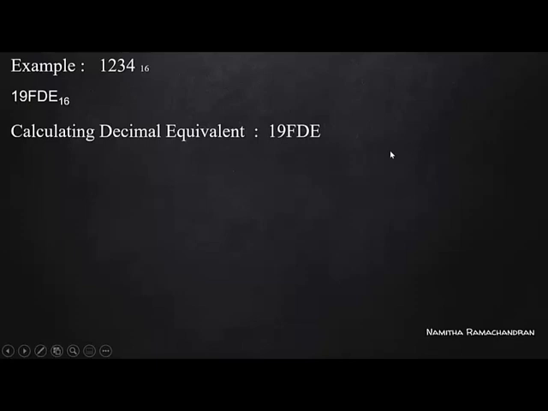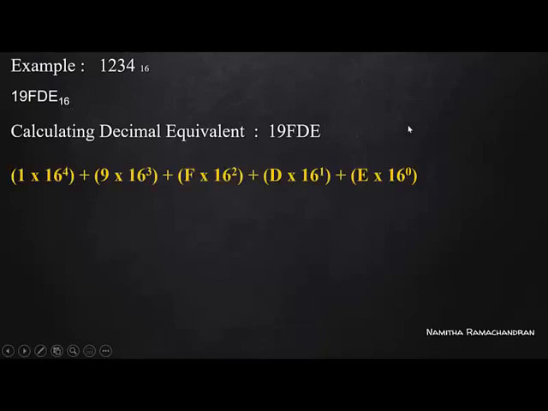Okay, how to calculate? Here this is a base 16 system, so start from here. E into 16 raised to 0, D into 16 raised to 1, F into 16 raised to 2, next is 9, so 9 into 16 raised to 3, and 1 into 16 raised to 4. These terms indicate the positional values of each of these digits. From this list, E is equivalent to decimal 14, F is equivalent to decimal 15, D is equivalent to decimal 13 and so on.